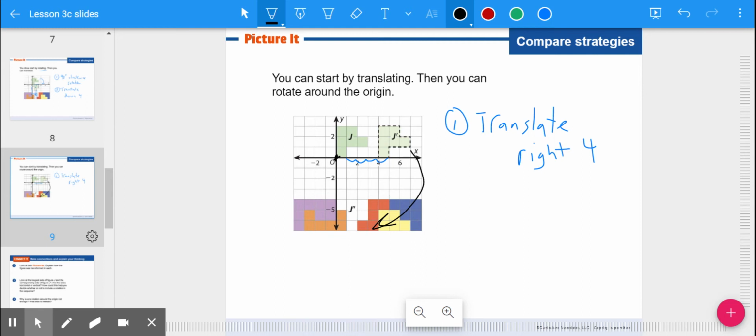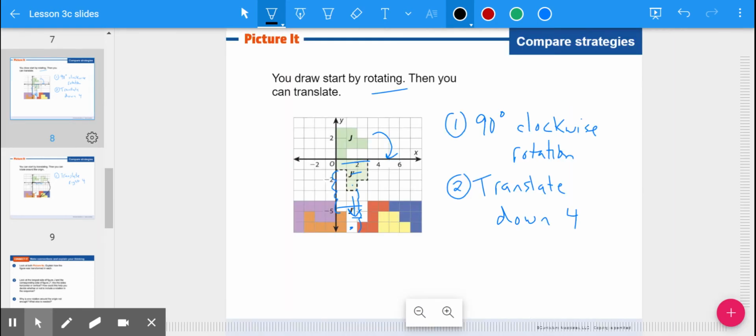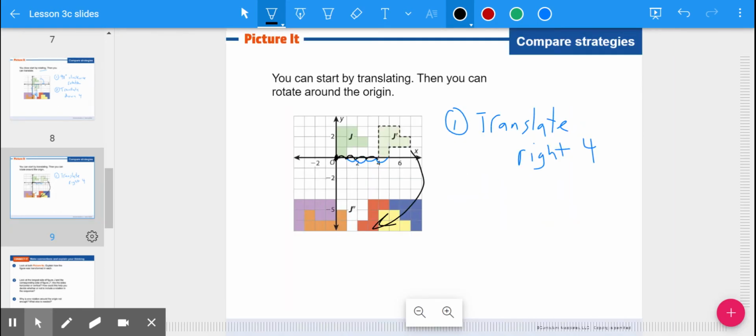So right now, from the origin, it's 1, 2, 3, 4 spaces away, and we want the top of it to end up 1, 2, 3, 4 spaces away. We want it to go right there, which is why you have to translate it 4 to the right first, and then we can rotate it 90 degrees clockwise. And again, it's around the origin.